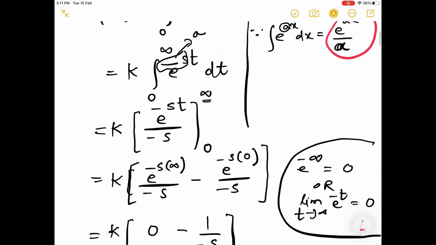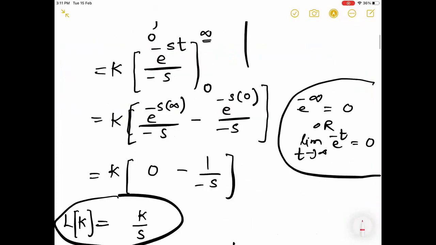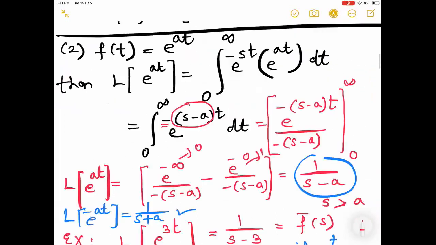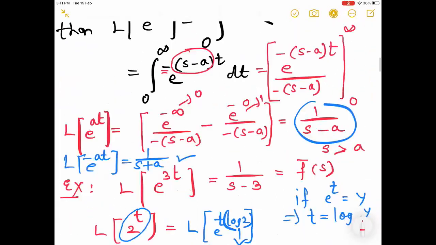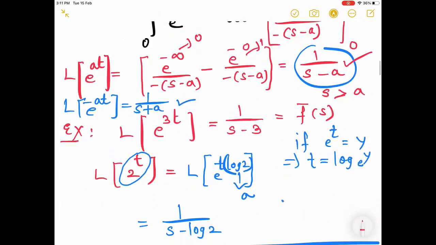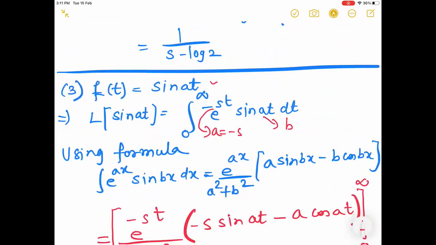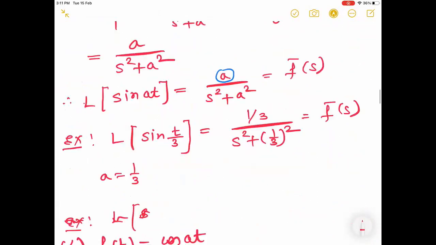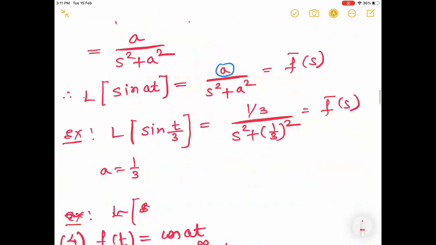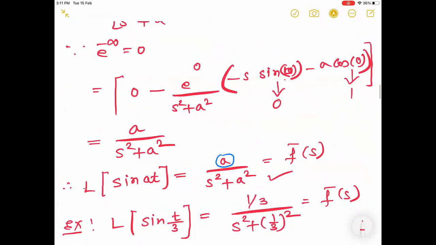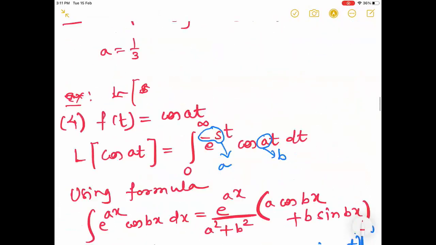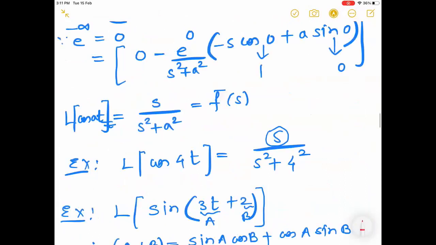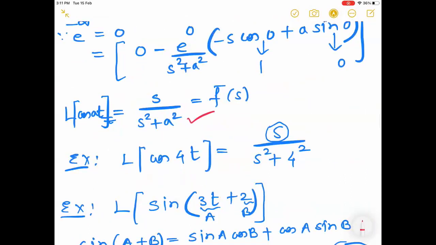Okay, and we have seen a few functions like the constant function k, then the e raised to at function, whose transformed answer is 1 upon s minus a. Similarly, the transformation for the sine of at function gives the answer a upon s square plus a square. This is the f of s function. Similarly, for the cosine function, the answer will come out as s upon s square plus a square.